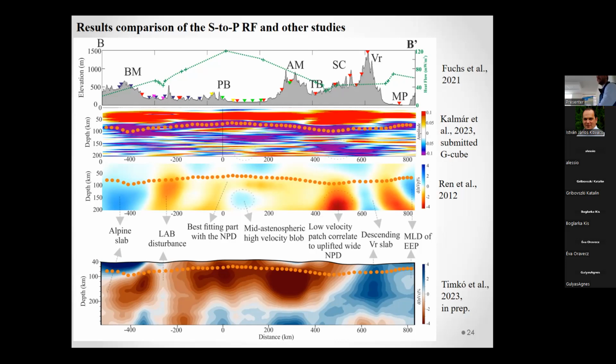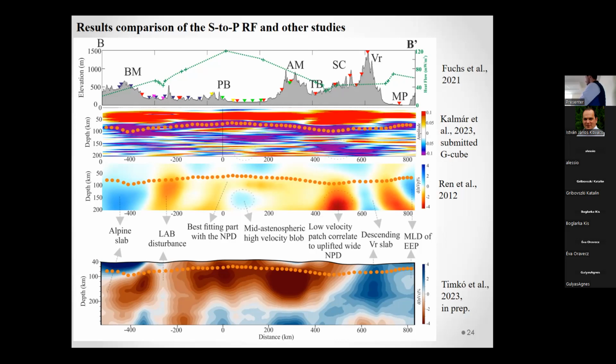Great work, congratulations, and thank you. I hope you can keep measuring, and it's lovely that you work together, the Romanians, because that gave you a bigger control area. What is very striking for me in this image, among other things, is this LAB disturbance which you show somewhere between the Bohemian Massif and the Pannonian Basin. So what's the story there? Is it for real?